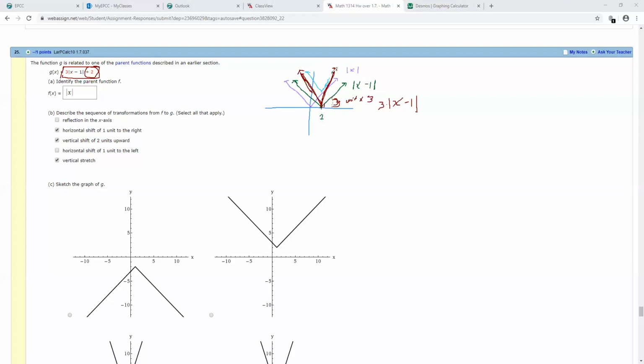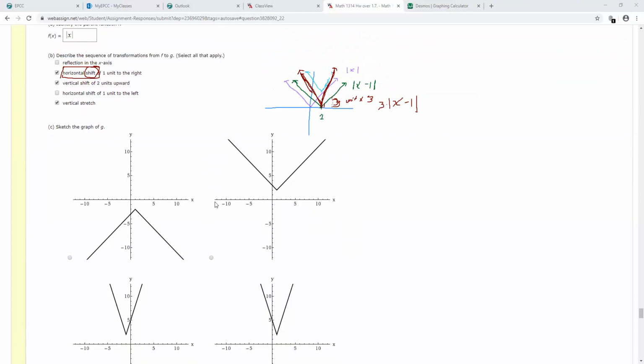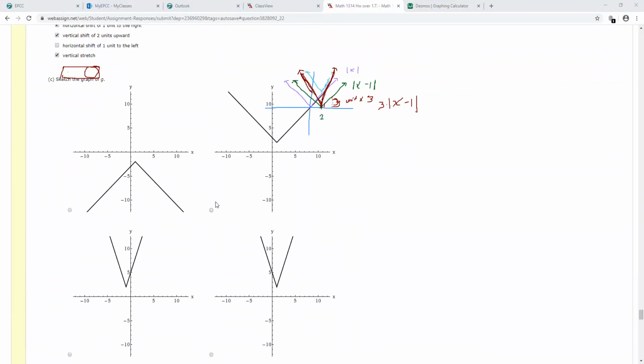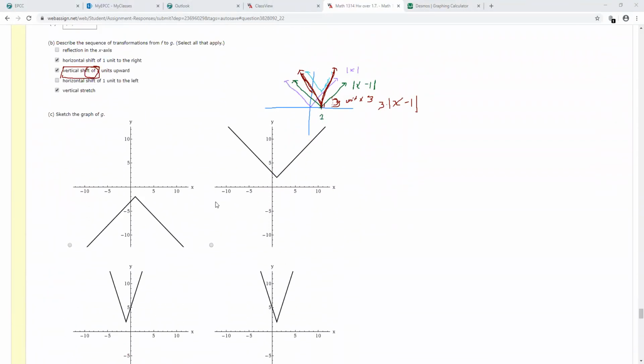Something like that. So now let's come down here and figure out which one is the only choice. So first of all, could it be this one, Griselda? No, because this one is going down, isn't it?